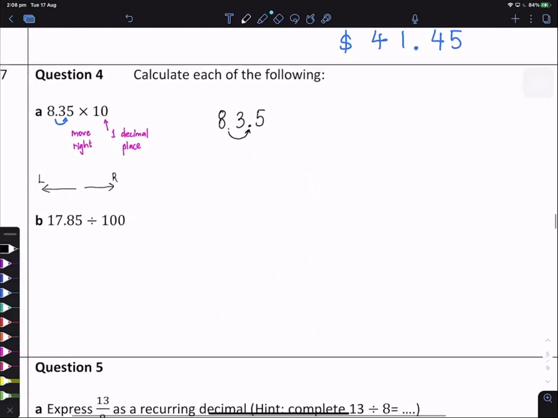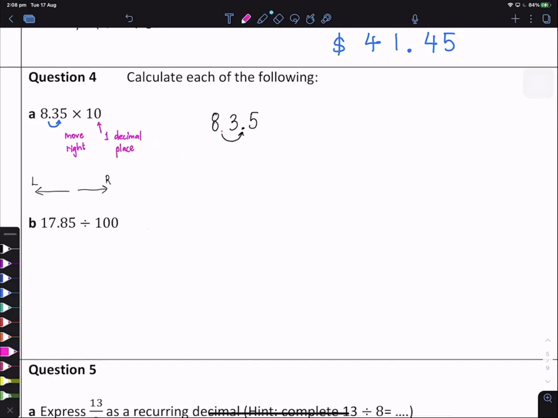All right, what happens if we divide by 100? What does divide mean? Does it tell us to move to the left or to the right? Angelina. Right. I want you to compare it to the question at the top. What symbol do you see there? Times. And what do you have to do when you times?